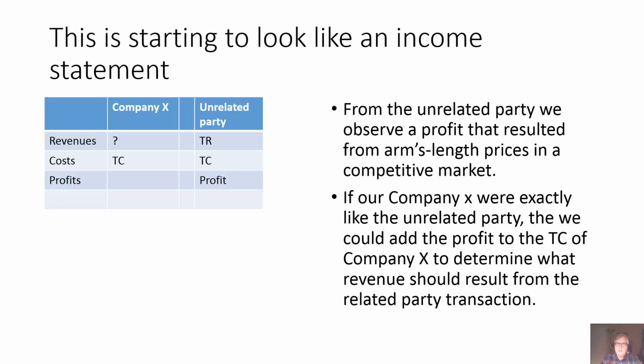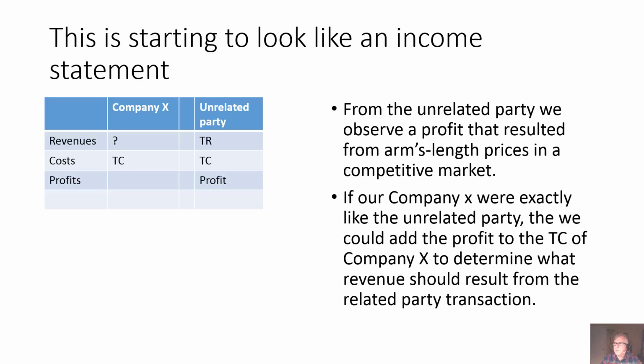Now, this is starting to look a lot like two income statements next to each other, but one is missing some data. Our unrelated party, we can observe their full financial statement. For our related party, we may have a financial statement from them, but we have a concern here: we don't know with certainty whether the number in one category is absolutely right.